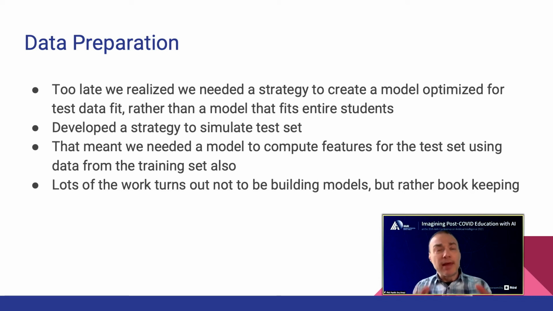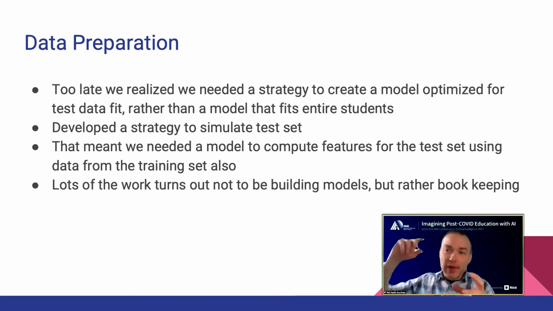And we knew we needed to compute our model in such a way that we were using the features from the training for the window that we had taken out in order to compute the optimal model to fit the training.